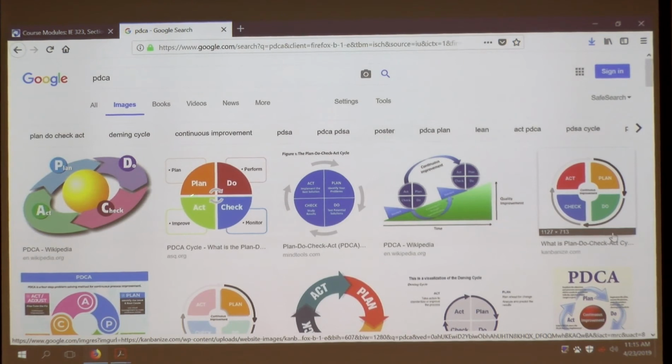PDCA means you plan your production, then do the control limit, phase 1, then you perform the production, and then you check whether they are out of control. If they are out of control, you improve the process, and then you do it again. So this is called the PDCA cycle: plan, do, check, and act.